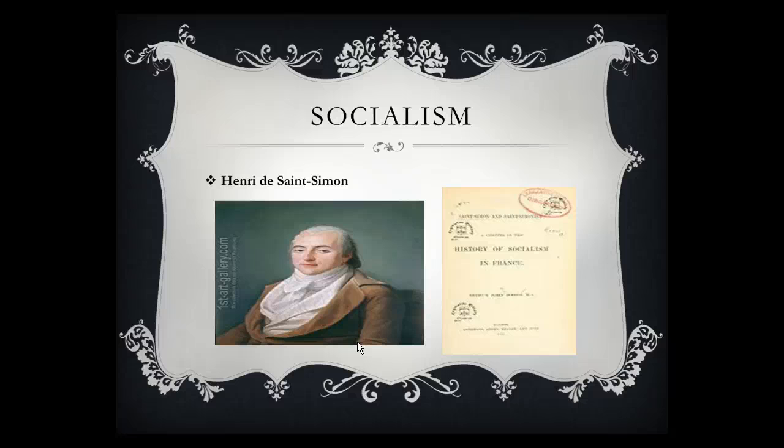He believed that proper social organization would require the parasites, which he considers to be the court, the aristocracy, the lawyers, the churchmen, the higher-ups of the past that we've seen, to give way to the doers. Our scientists, our engineers, our industrialists, all of these new people that have come out of the Industrial Revolution, the workers.